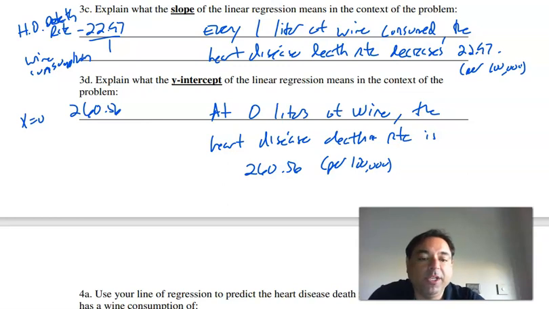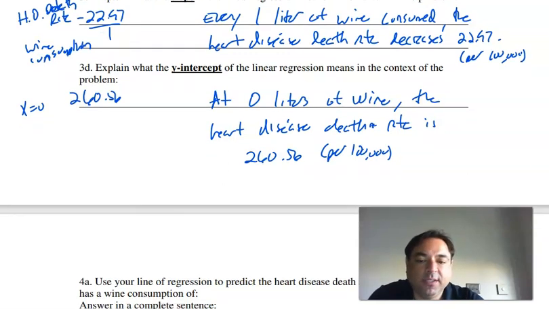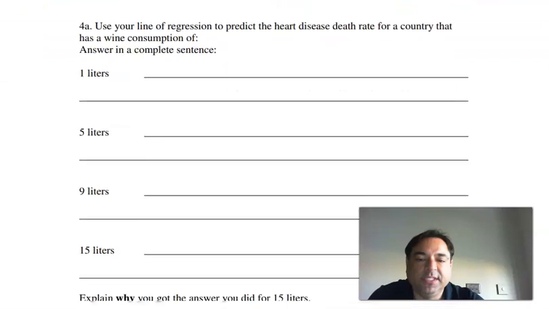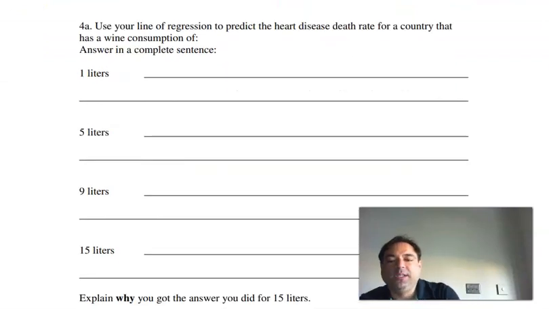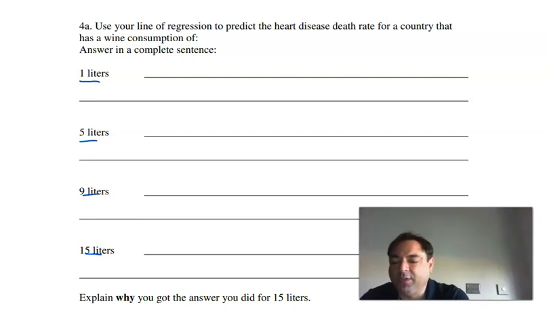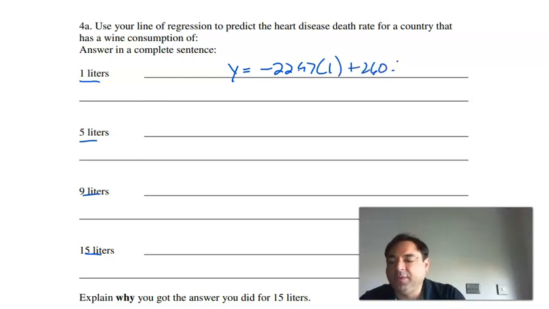Okay, now we can use that line to predict. The last question says we're going to predict for 1 liter, for 5 liters, for 9 liters, and 15 liters. So if I use that equation and plug in the 1, y equals negative 22.97 times 1 plus 260.56, and I'll work on all these.